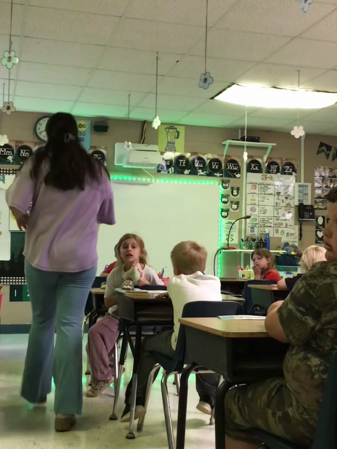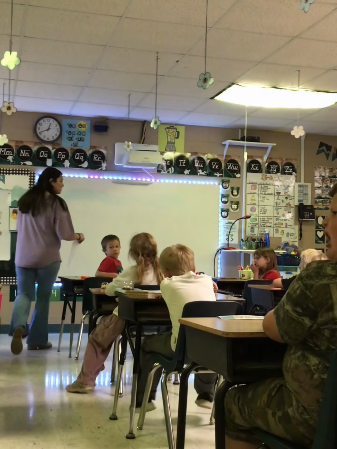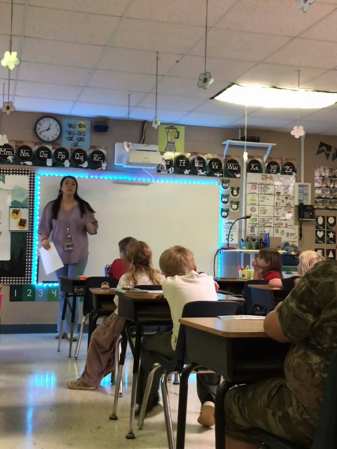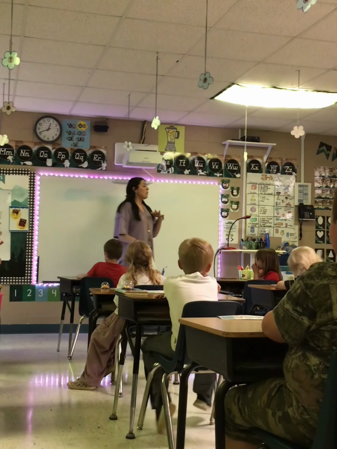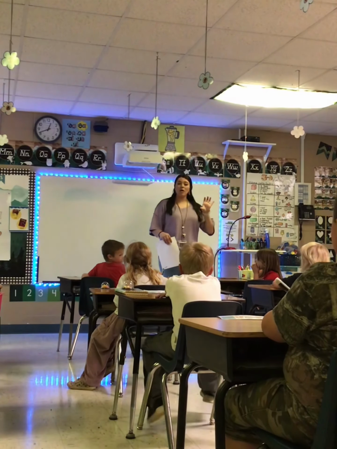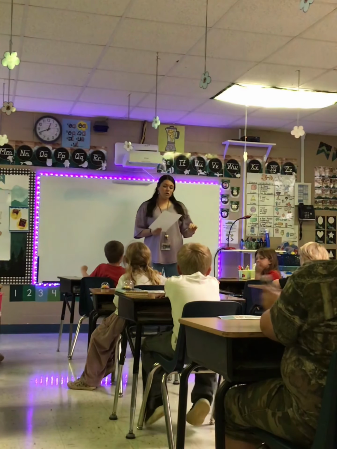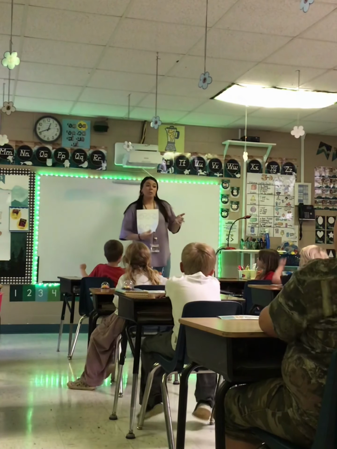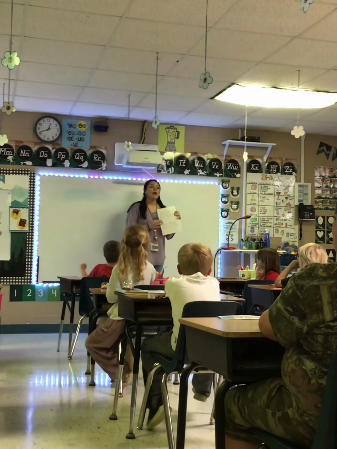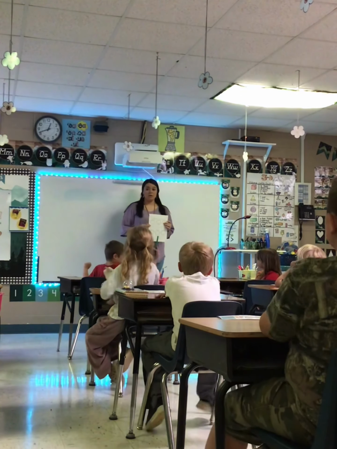All right, my friends, now that we've done some partner work, walking around the room and working on time, showing the analog clock and the digital time, now I'm going to have you look at these clocks on your paper, and I want you to write what the time is.